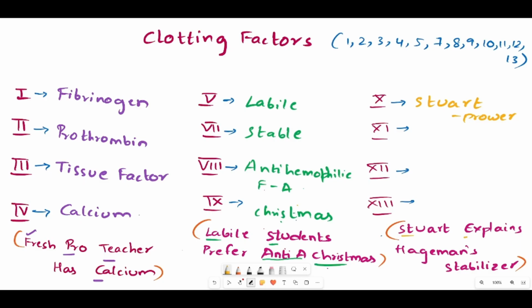Then the 11th factor is explain, so here you take the P word: plasma thromboplastin antecedent factor. Then the 12th one is Hageman factor and the 13th one is fibrin stabilizing factor.